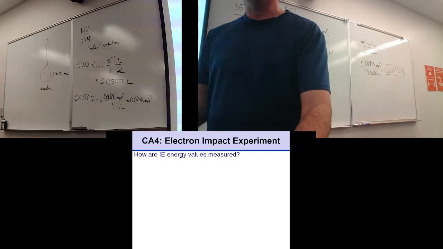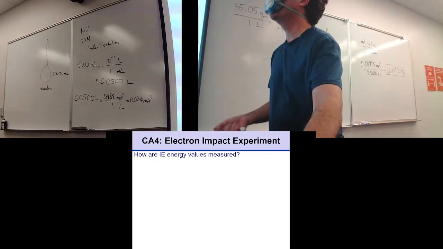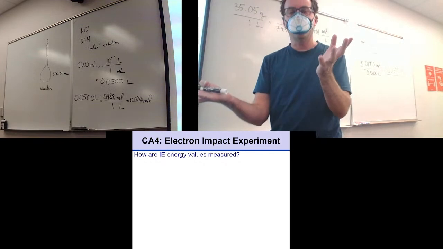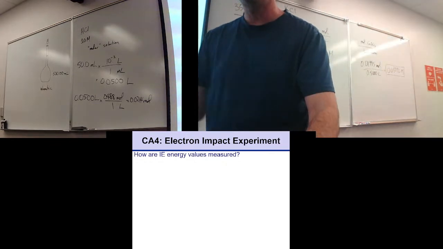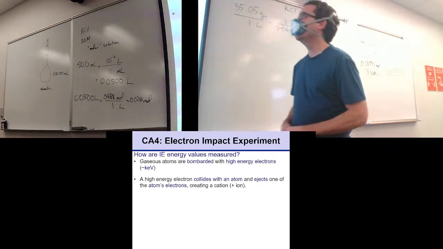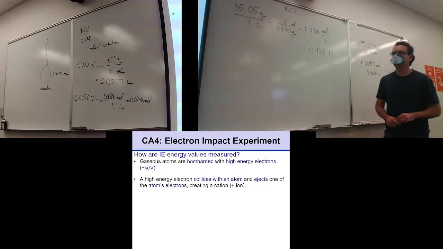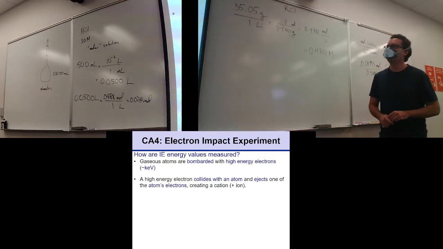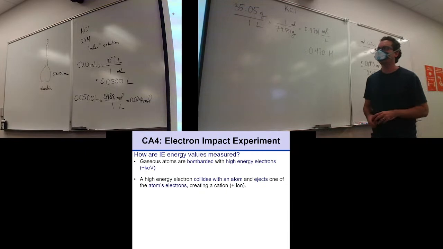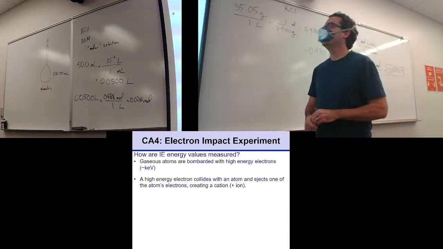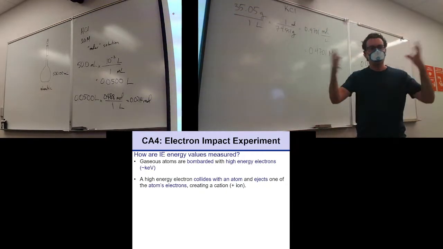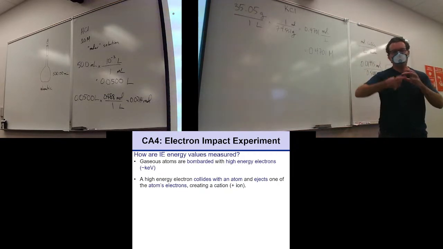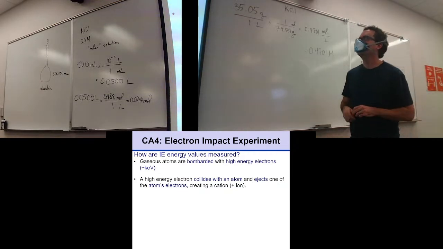So ionization energy, when we measure it experimentally, so not using Coulomb's law, we're not calculating it. If we measure it experimentally, how do we measure those? So it's not an easy experiment to do. You have to start with gaseous atoms. So you're doing this in a vacuum chamber with nothing else around.